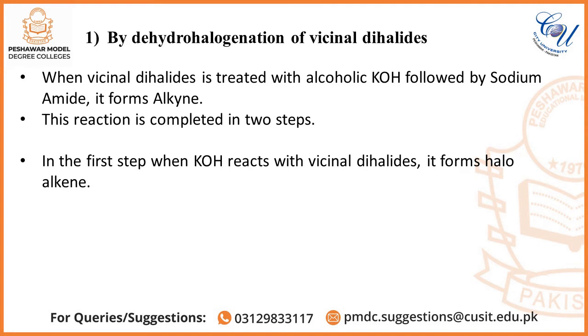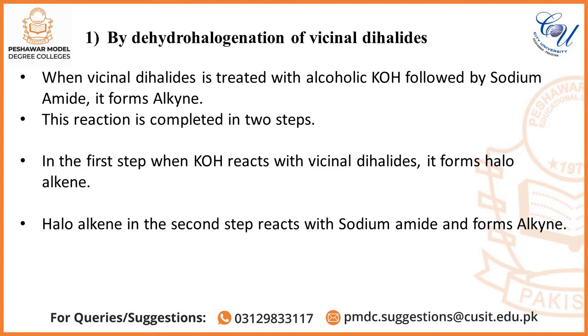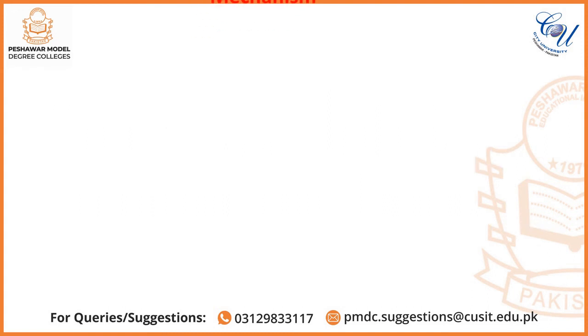In the first step, when potassium hydroxide reacts with vicinal dihalide, it forms haloalkene. Haloalkene in the second step, which is a very less reactive species, is allowed to react with sodium amide. It forms alkyne.